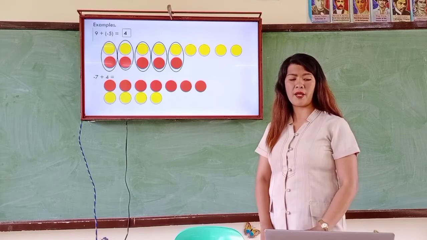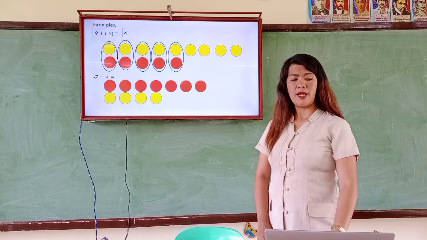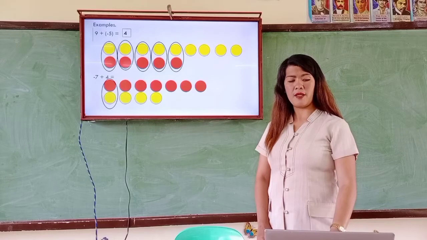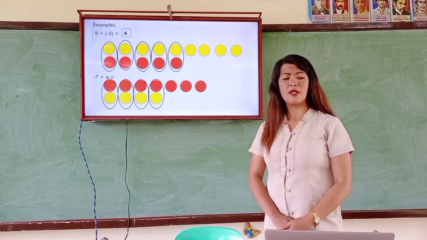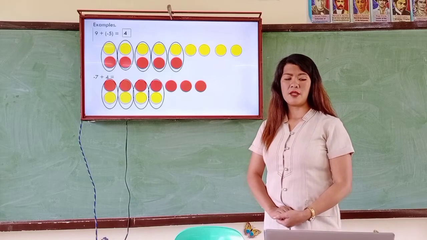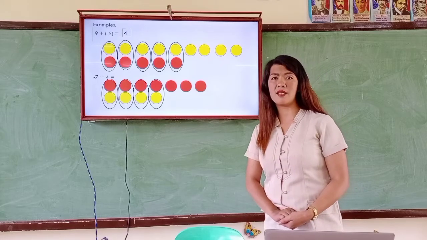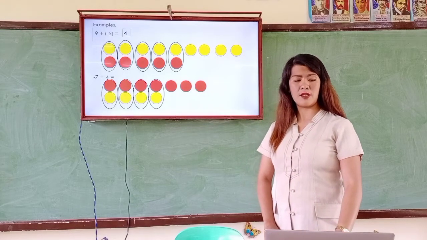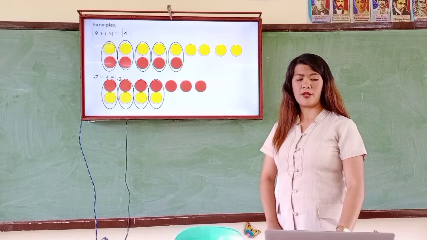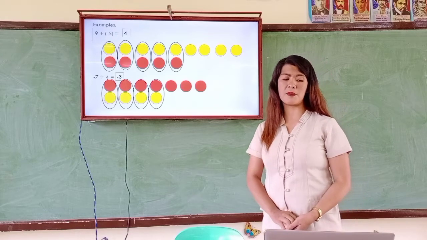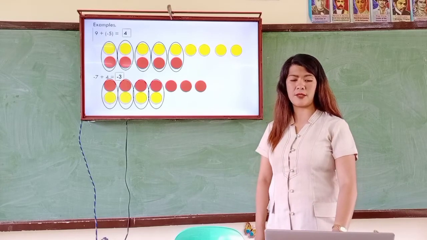We have zero pairs, red and yellow. We have 4 zero pairs. Cancel them out. The remaining is 3 red chips, which is represented by negative. Therefore, negative 7 plus positive 4 is negative 3.